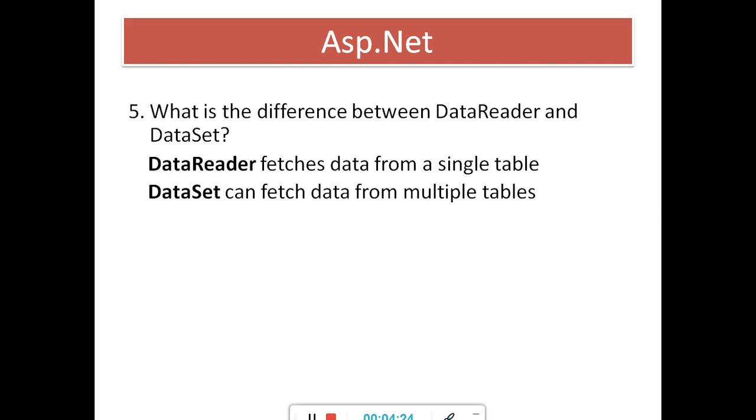Also, a DataReader is a connection-oriented class, meaning if you want to use a DataReader class to fetch your data, then the connection must be open, and a DataSet is not a connection-oriented class.